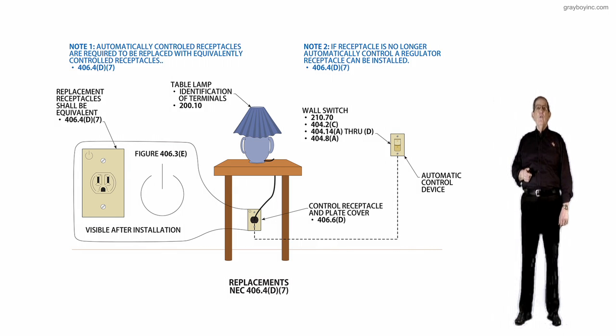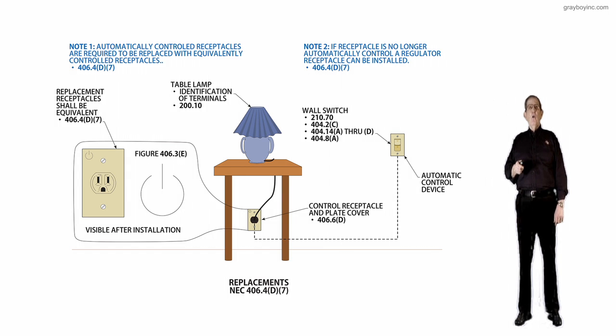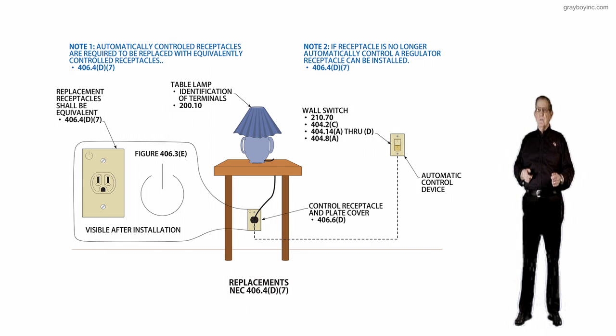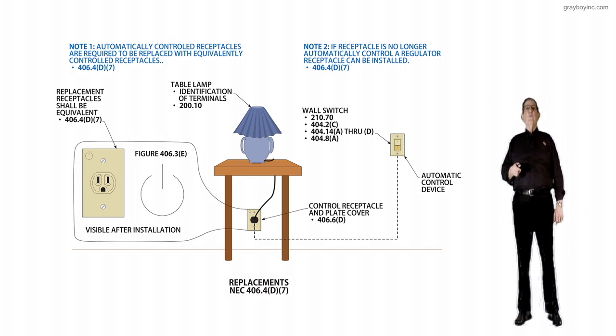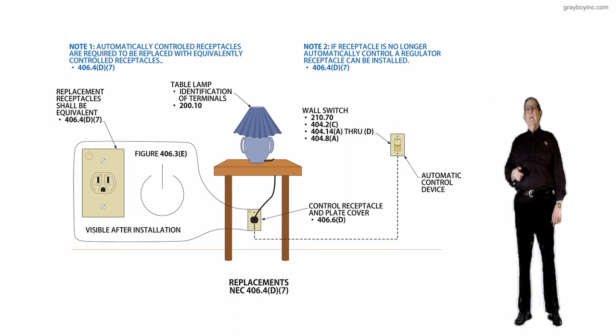Now the notes, I'd like to review those. In note 1 to the left top side of the illustration, automatically controlled devices are required to be replaced with equivalently controlled receptacles as outlined in 406.4(D)(7). Note 2 to the right-hand side talks about the receptacle.